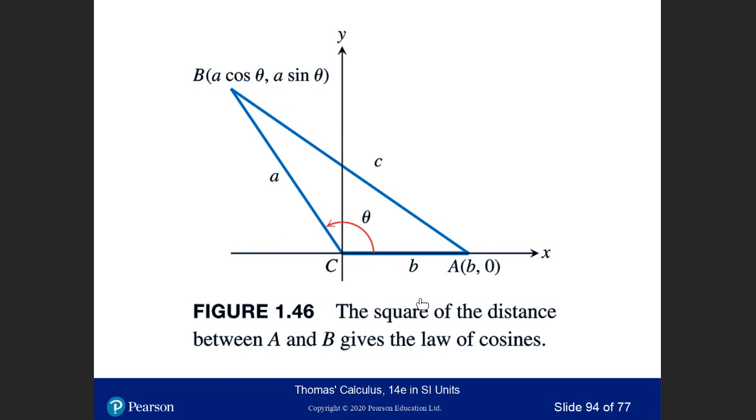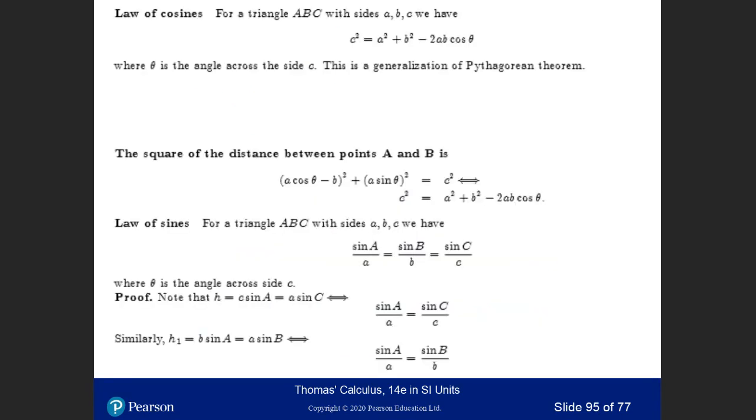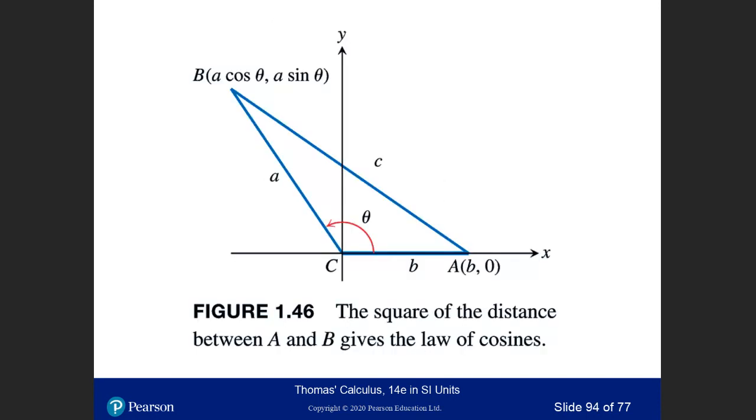Now let's go back to here. Now the distance between point A and B. Okay, let's look at the figure. It's this distance. That's b minus a cosine theta, because that's an adjacent side for this right triangle starting from B and going.